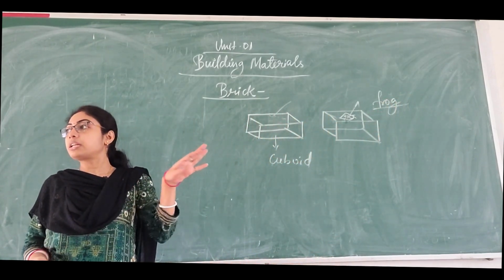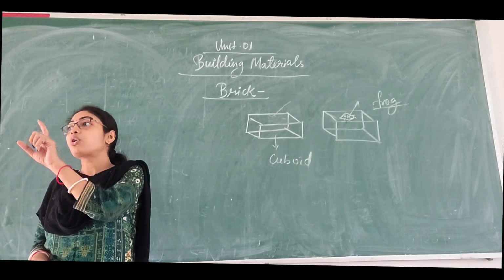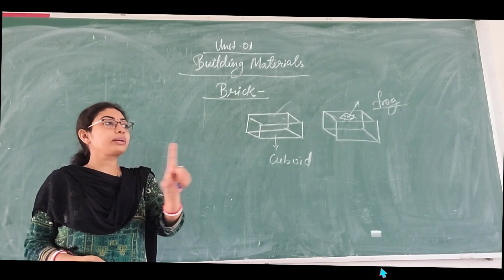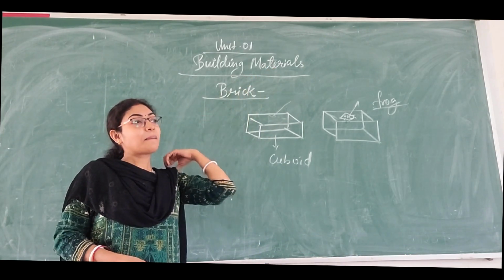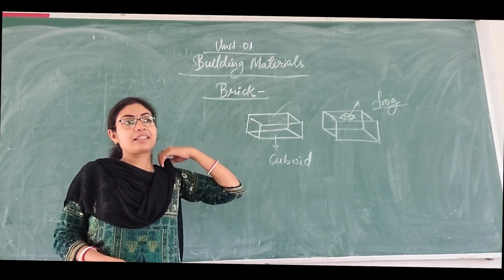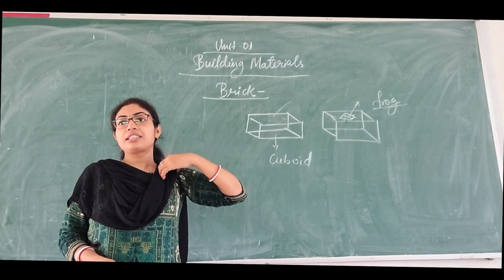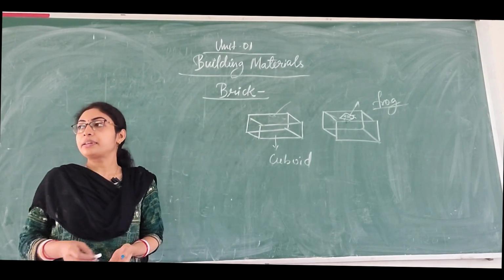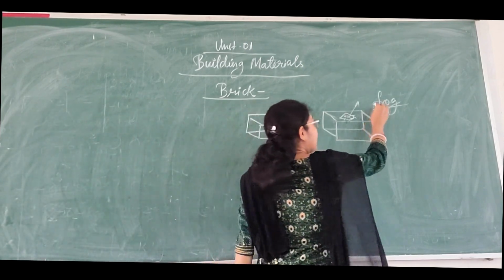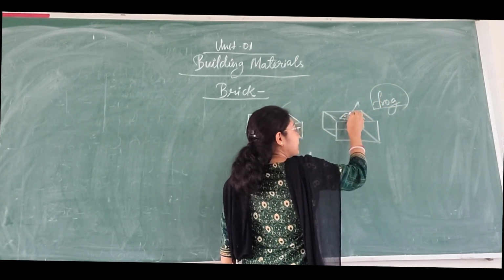In construction we call it frog, not logo, not impression, it's called frog. The frog is the animal which is found basically in rainy days, an amphibian, right? Now this frog is nothing but the logo.